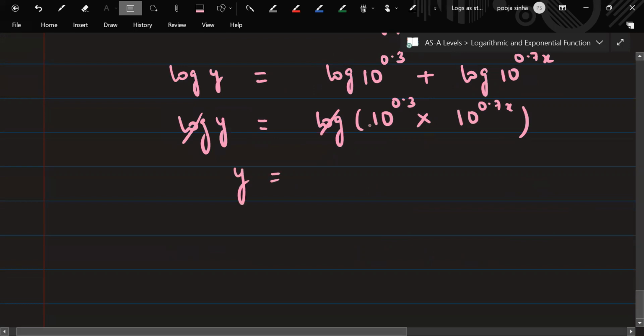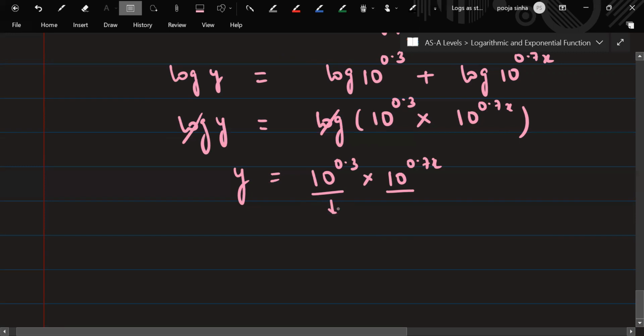Y is equal to 10 raised to power 0.3 multiplied by 10 raised to power 0.7x. You figure out what's the value of this, you figure out what's the value of this raised to power x. That will be your answer. So in this case, you have A, B, all the values with you.